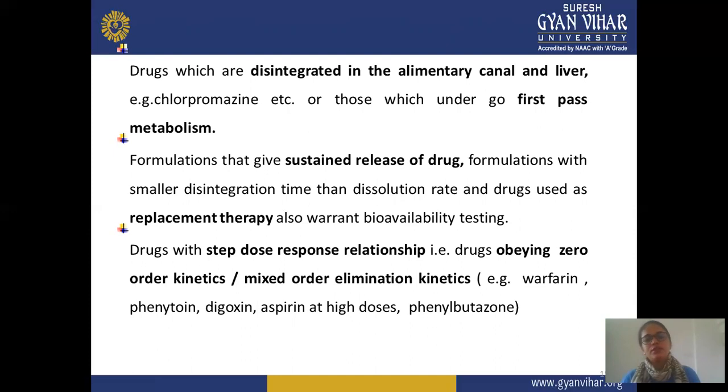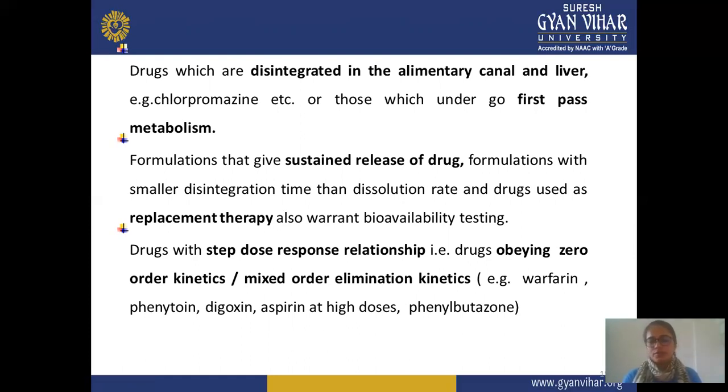And the next is drugs with a steep dose response relationship, that is drugs obeying zero order kinetics or mixed order kinetics. Examples are warfarin, phenytoin, digoxin, aspirin at high doses, and phenylbutazone. When your drug has mixed order kinetics, zero order as well as first order, in this condition you check the response in a proper way.